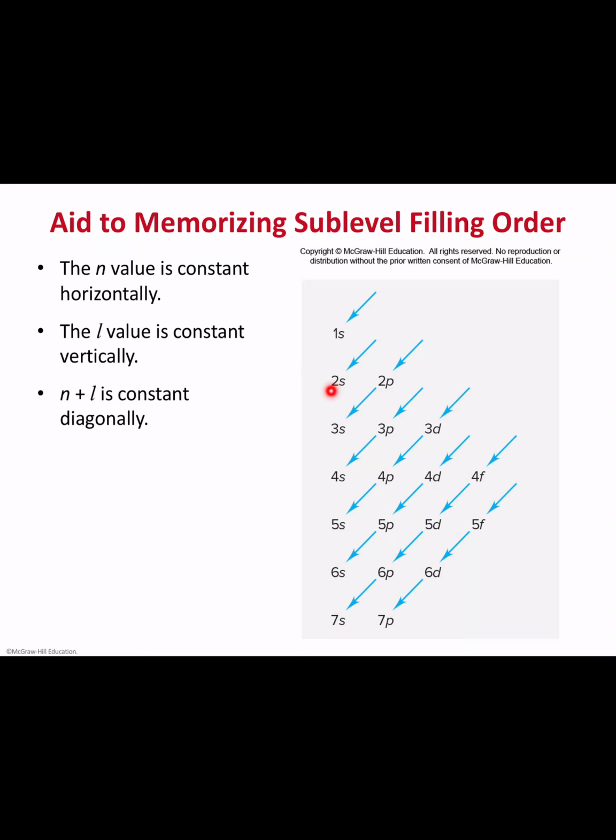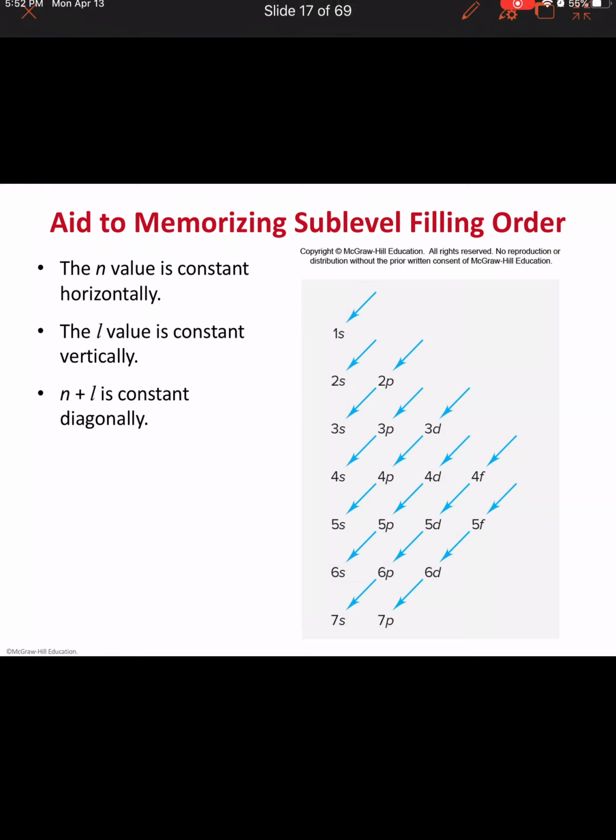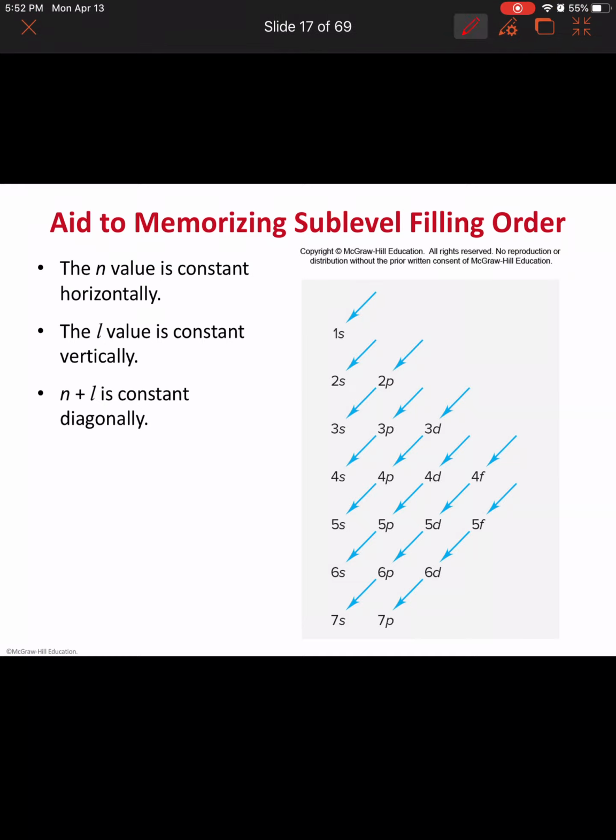And after 2s is filled up, you go to the 2p. 2 means principal quantum number 2, and p is the sublevel. How many p orbitals are possible in one level? There are 3 p orbitals possible. Remember, each orbital can hold 2 electrons. So let's say this is your 2p, and there are 3 orbitals possible for the 2p.